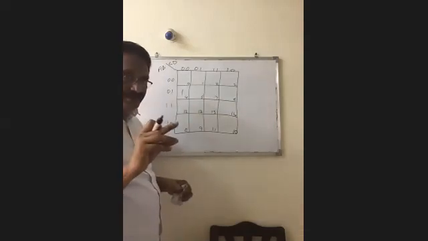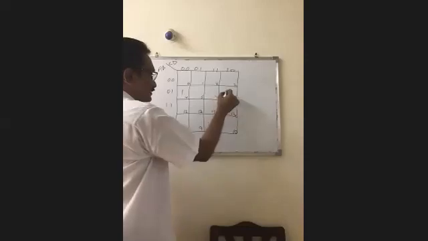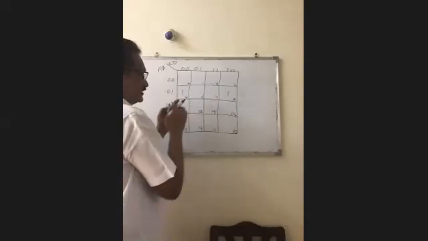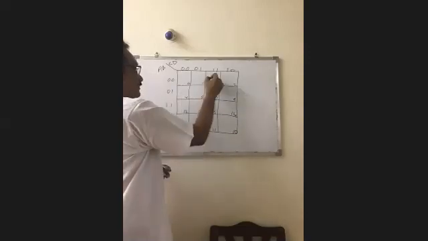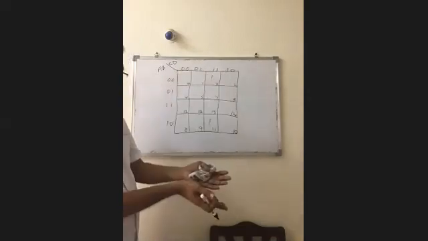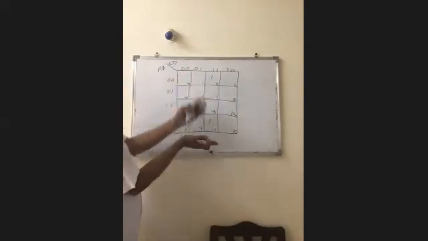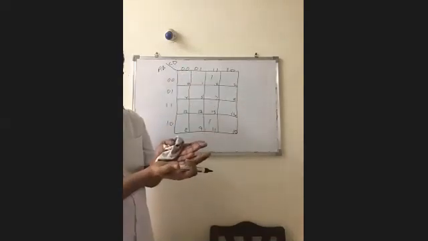By allowing rolling, these two ones are also adjacent. Similarly, these two ones are also adjacent by allowing rolling. Row-wise rolling, so the first row and fourth row are also adjacent.